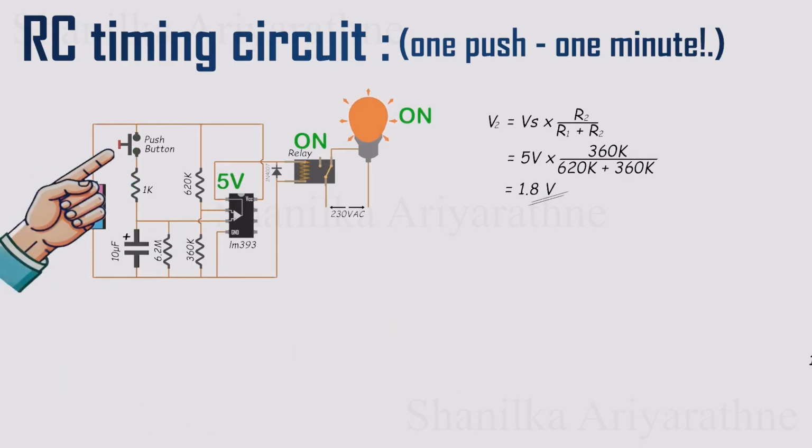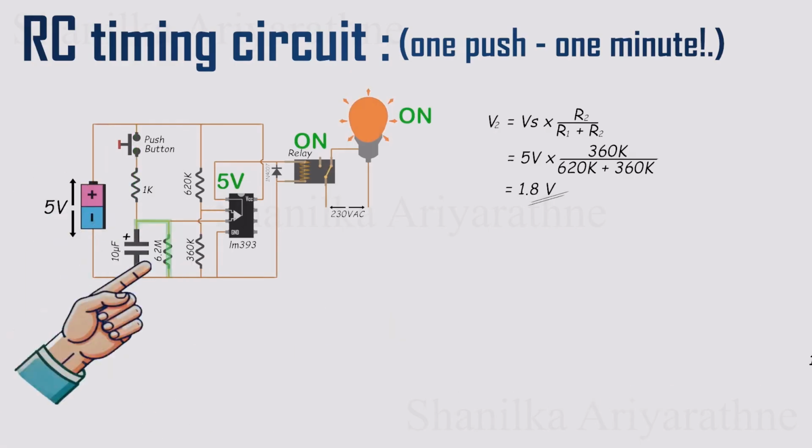Now, after we release the push button, the capacitor starts to slowly discharge through the 6.2 megohm resistor. As it discharges, the voltage at pin 3 drops down. When the voltage at pin 3 falls below 1.8 volts, the relay de-energizes and the bulb turns off.